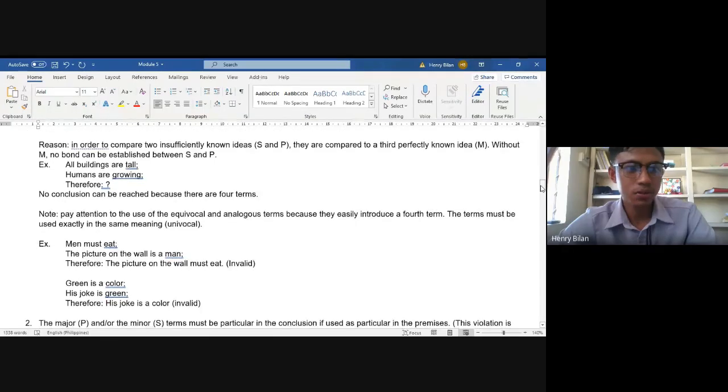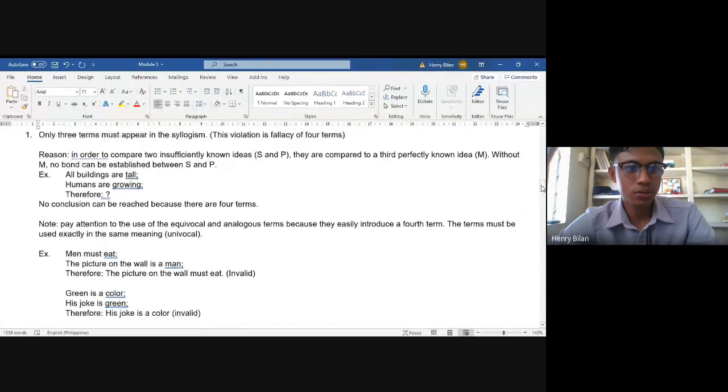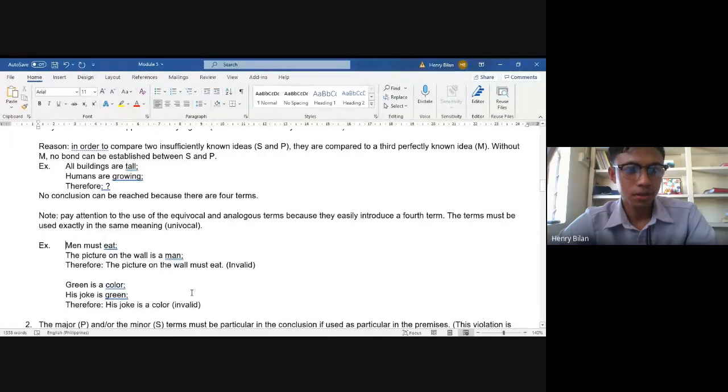Another example: green is a color. His joke is green. Therefore, his joke is a color. So the word green here is used in different meanings. Green here is talking about a color which can be seen. Tunay na kulay.